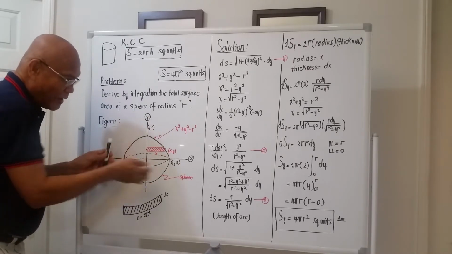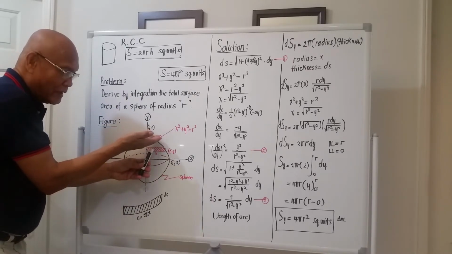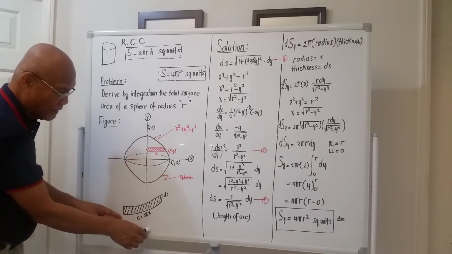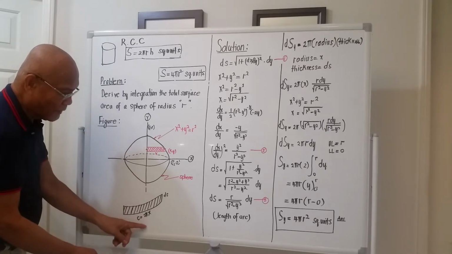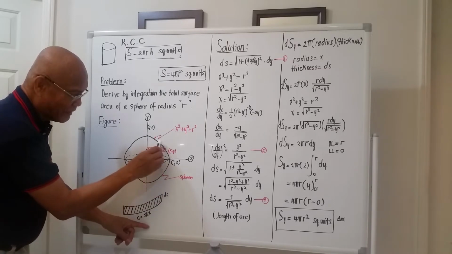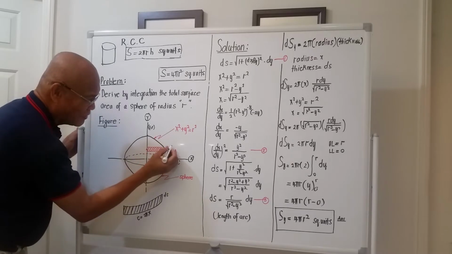If you try to unwind the surface area after the rotation, it will be something like this. The circumference will be 2 pi x, and this length here is actually the differential arc. This arc over here, this is the arc.